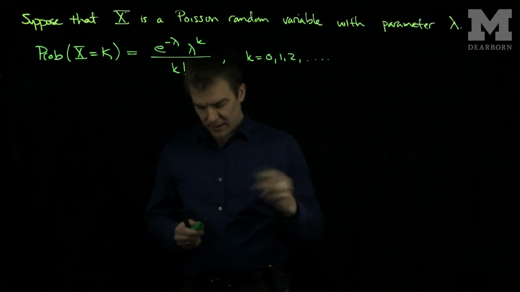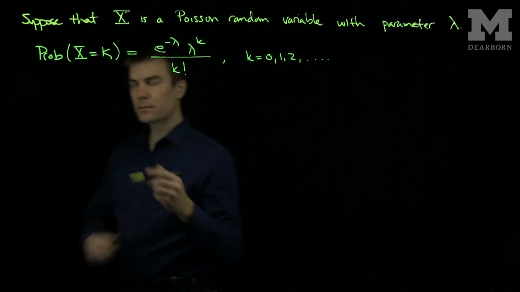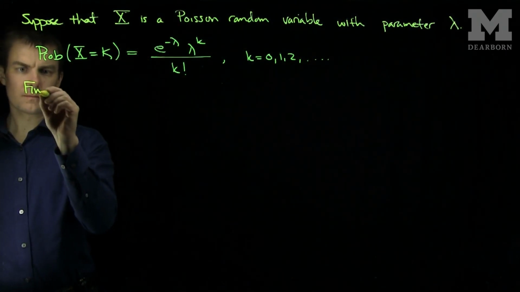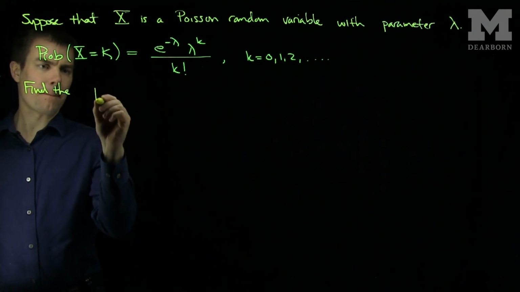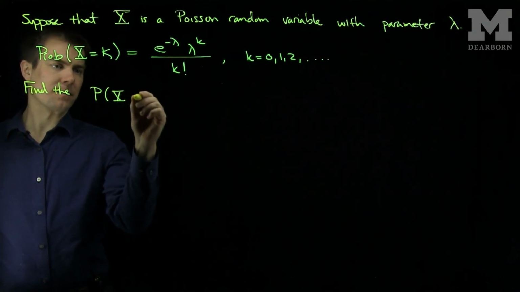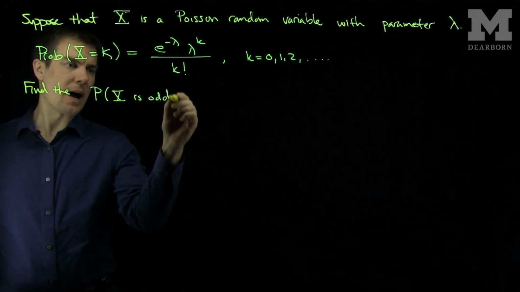What we'd like to find is the probability that x is odd.